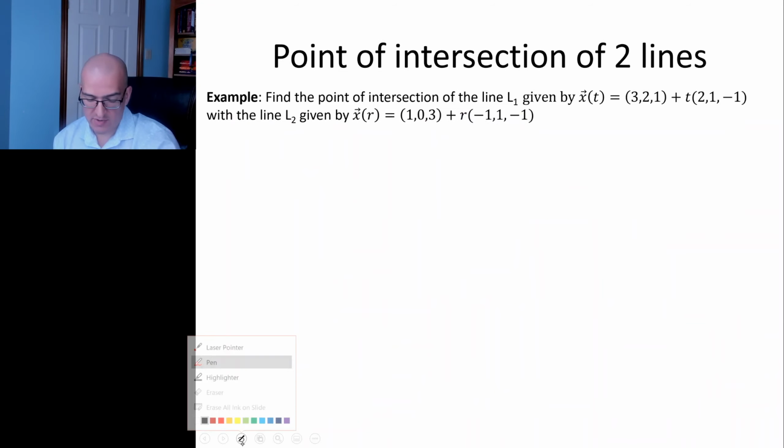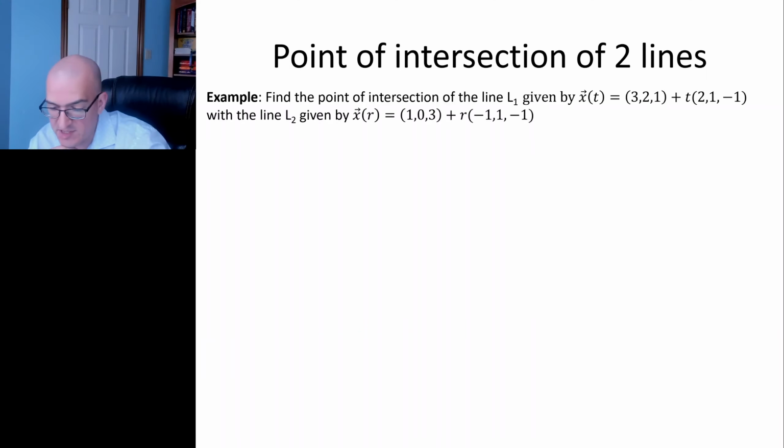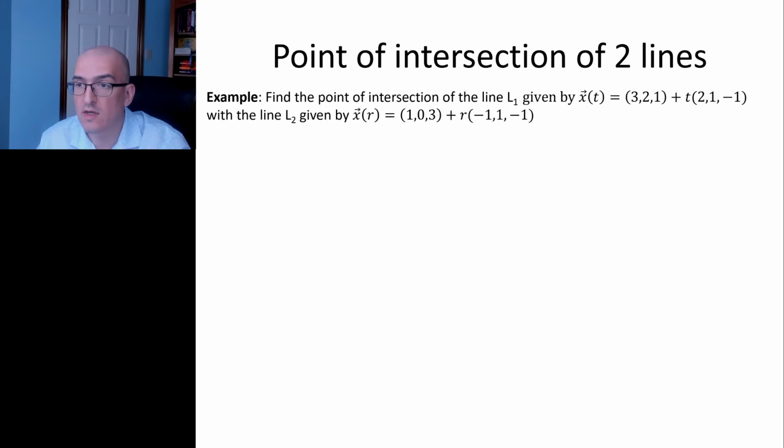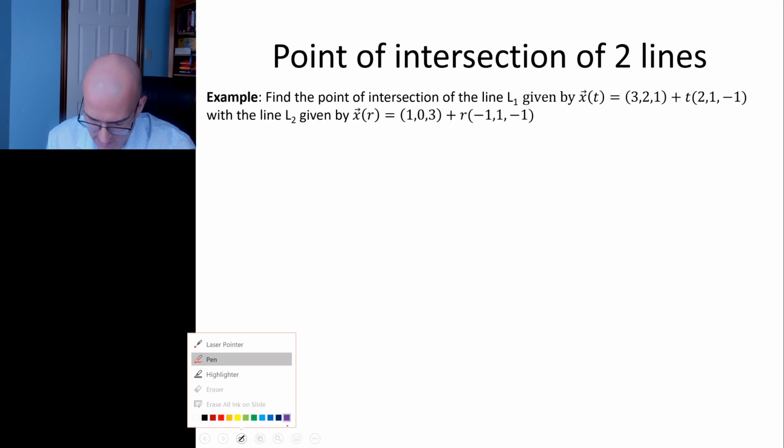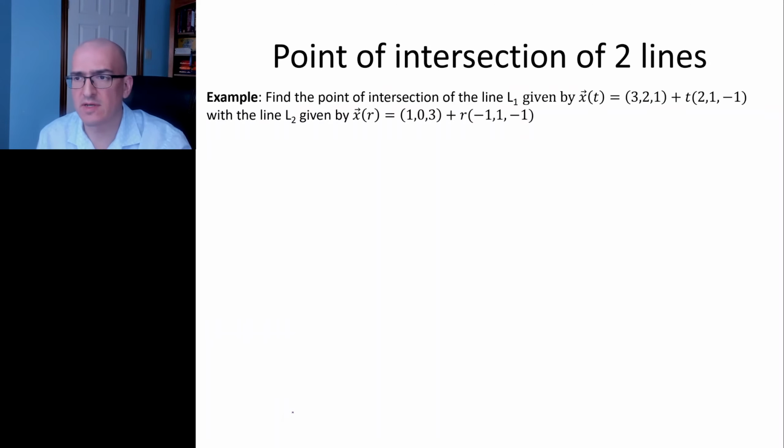We'll do one more example, this time in 3D, finding the point of intersection between two lines again. Start the same way. We'll write both equations in parametric form.